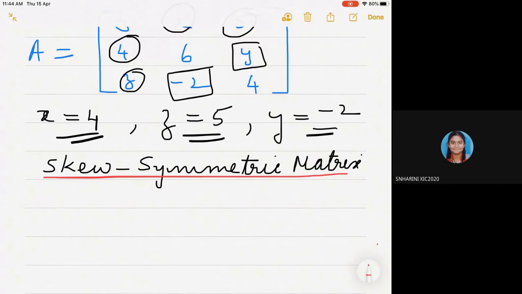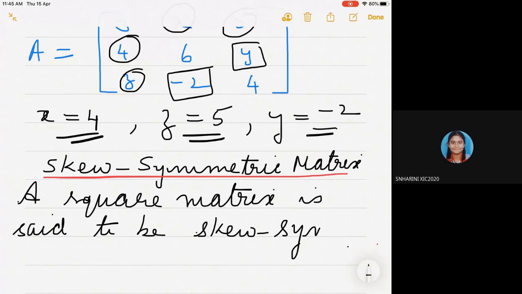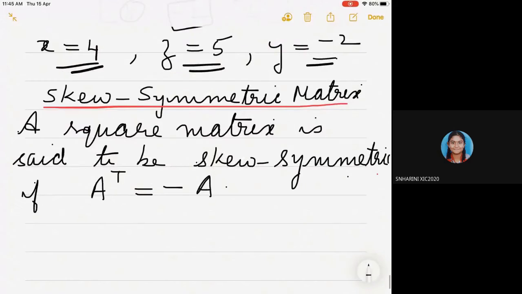A square matrix is said to be skew symmetric if A transpose equal to minus A. Please write in the class copy. Example.